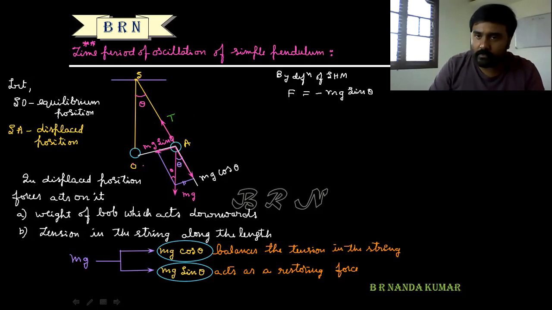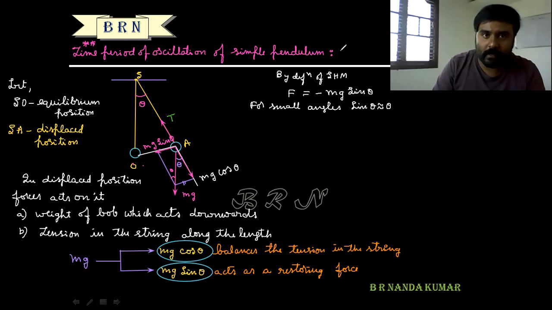So that is the significance of the negative sign here. But for small angles, sin theta is approximately theta. So now this equation becomes F is equal to minus mg theta.